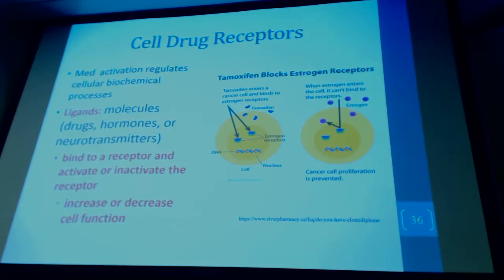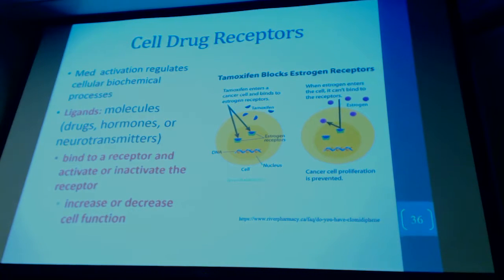Okay, so here's an example of cell drug receptors. We take the drug, pills dissolve, it's absorbed, it's distributed, it hooks on to fat or it hooks on to albumin, it's slowly released. Once it's released, it goes to cell receptors.